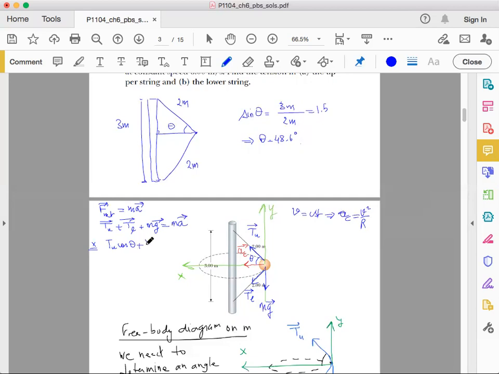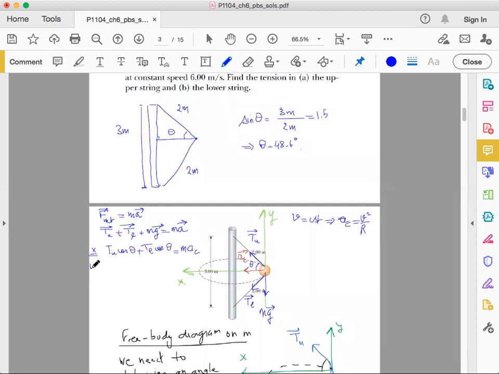So we have as well plus TL cosine theta, because theta is the same up and down, is equal to, so mg has no projection onto the x-axis because it's perpendicular to it. It is equal to the mass multiplied by centripetal acceleration, which also points in the same direction.